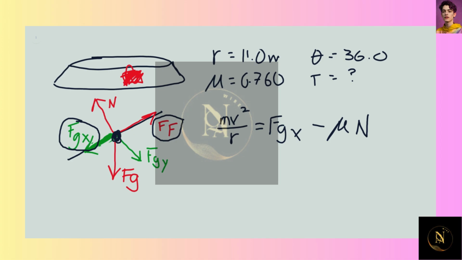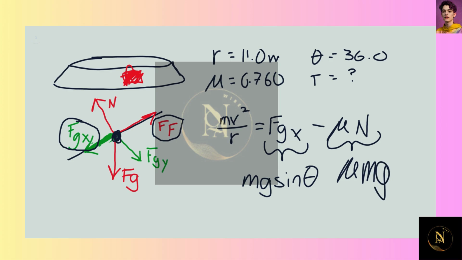All right. Now, we can rewrite both of these quantities in terms that we know. FGX is equal to mg sine theta, and the friction force is going to be equal to mu n, which is mu mg cos theta. Oh, sorry.